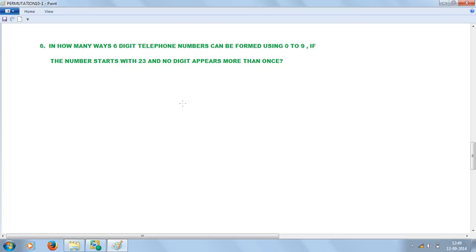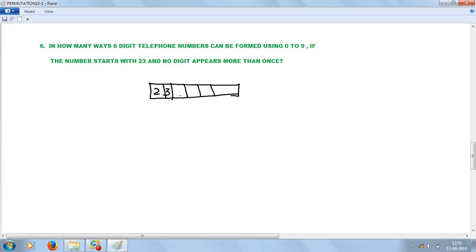So, let us take a small diagram, 6 digits. First 2, it starts with 2, 3. This is fixed. So we have another 4 columns. Totally 6-digit telephone number.